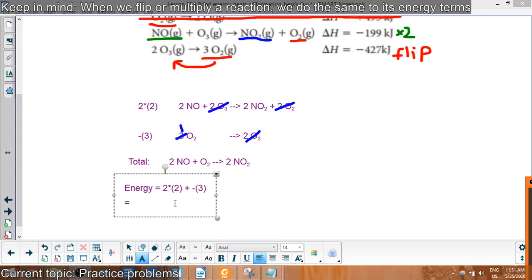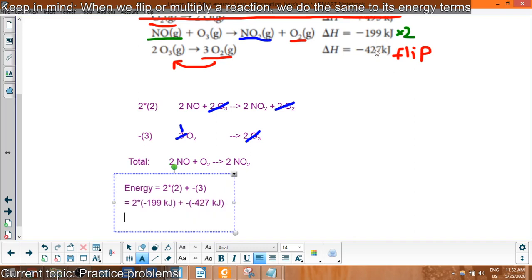So let's actually put those in. So 2 times number 2 is going to be 2 times minus 199 kilojoules, in brackets, plus minus, and then number 3 is minus 427 kilojoules.